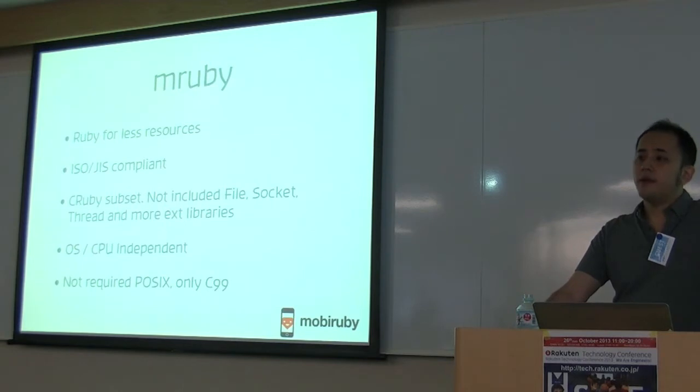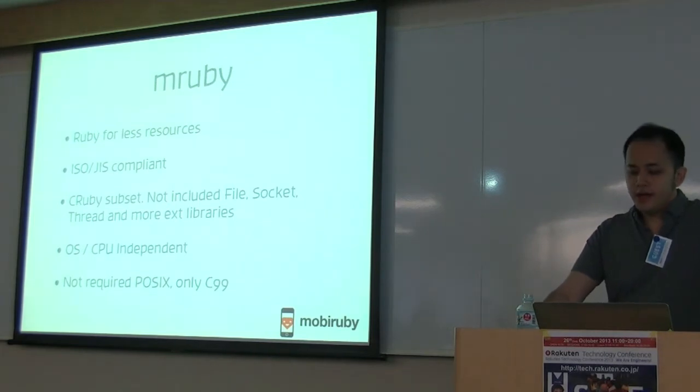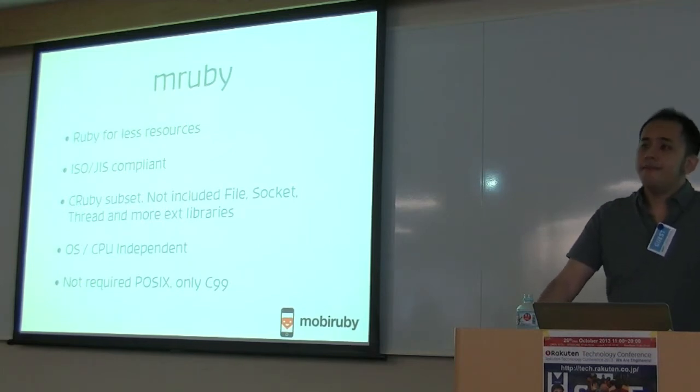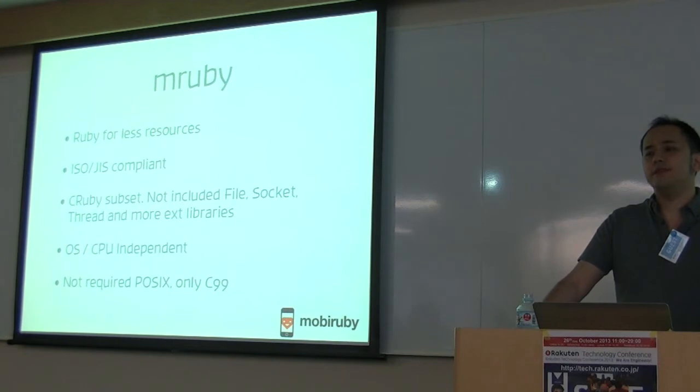Mruby is built on the ISO specifications. It means Mruby does not support Thread and a lot of other libraries. Almost all Ruby standard libraries are not supported, like CSV or Encoding.